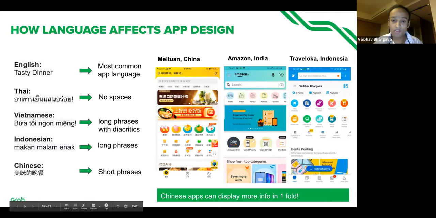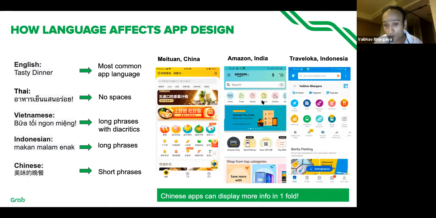And one of those reasons is because it's just easier to display things in Chinese. Compare that to an app like Amazon in their US markets or Indian market. The amount of information is slightly less, but you can see that the text still fits in one line.